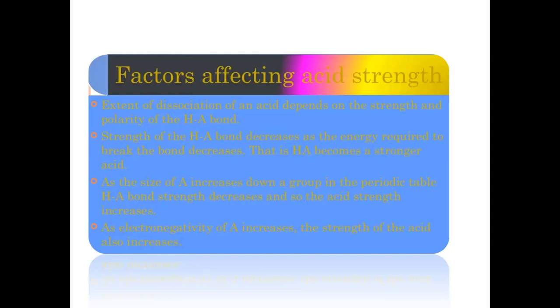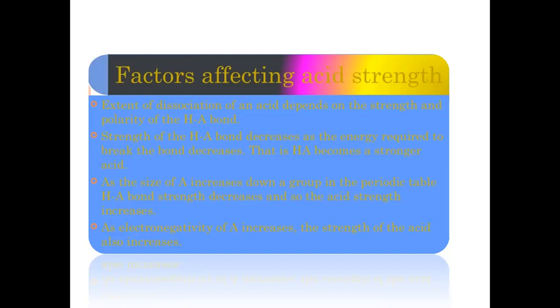Or we can say that the extent of dissociation of any acid depends upon the polarity, no doubt, right? So as the size of A increases down the group in the periodic table, HA bond strength decreases, so the acid strength increases.